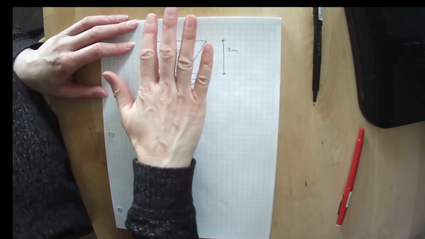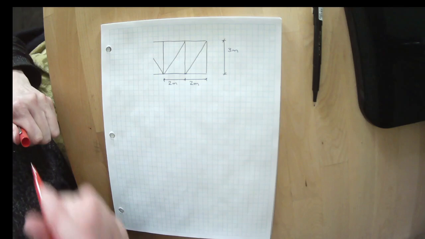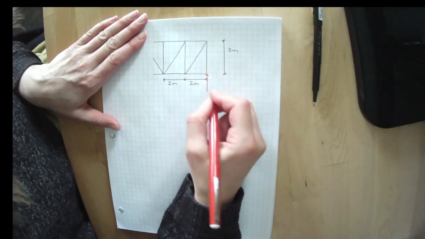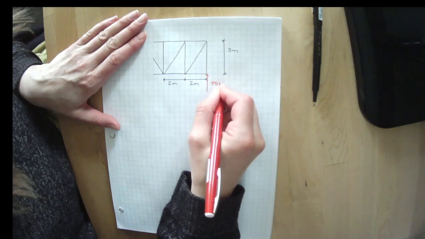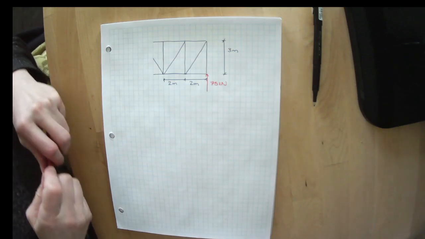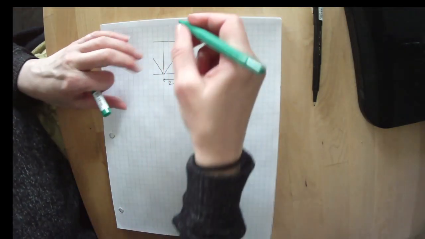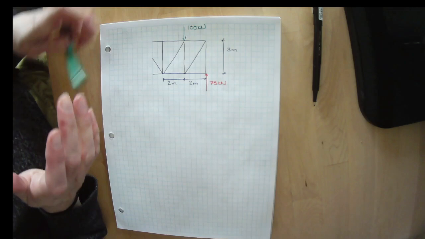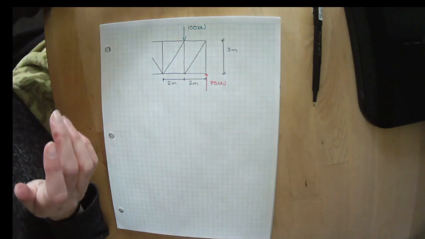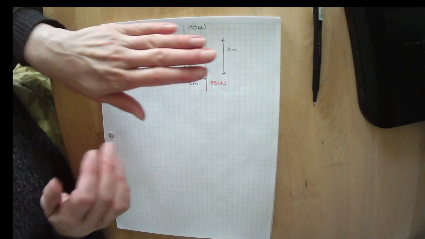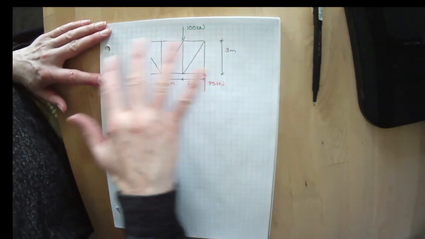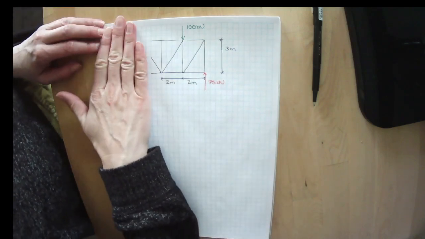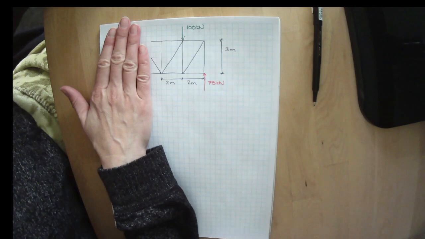And we know that this part of our section had some things happening to it. We have a reaction of 75 kilonewtons. We calculated that. We also know that there is 100 kilonewtons acting on it right there. And for this section not to be sliding back and forth, or moving up and down, or spinning in space, the other half of the object must be holding it in place.